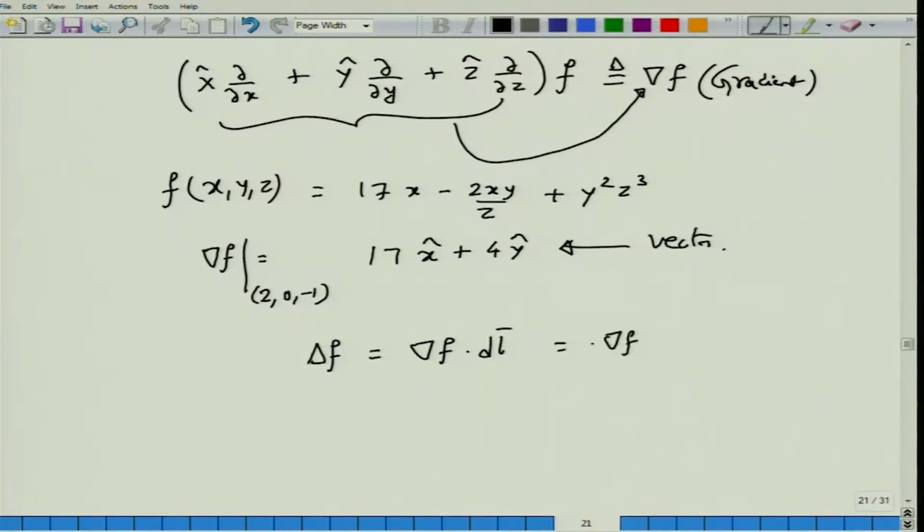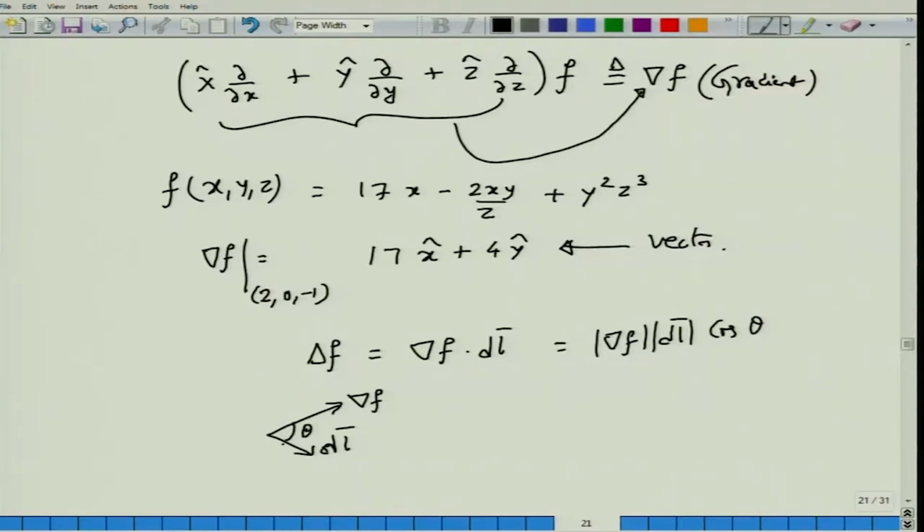So I have the magnitude of del f, which is a vector, then the magnitude of the dl vector, and then cos theta, where theta is the angle between them. Let us say this line is del f, and this line is dl, and this angle theta is the angle between these two quantities.